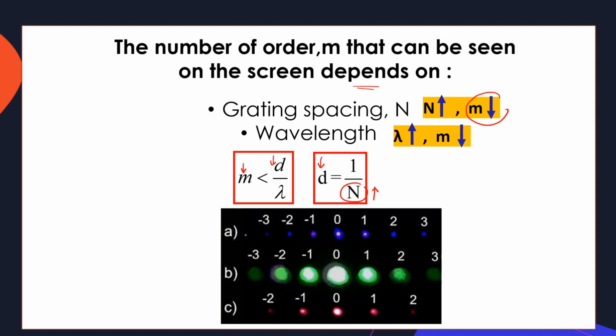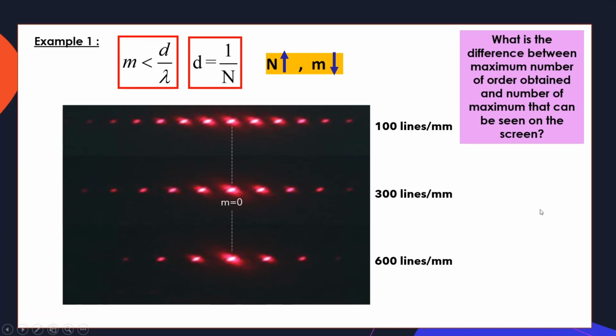Look at here, we have figures A, B, C, and from here you can see we have different patterns of the interference pattern. So let's discuss the relationship between m and N first. For the first example, when the number of lines per millimeter is bigger, the grating spacing should be lower.